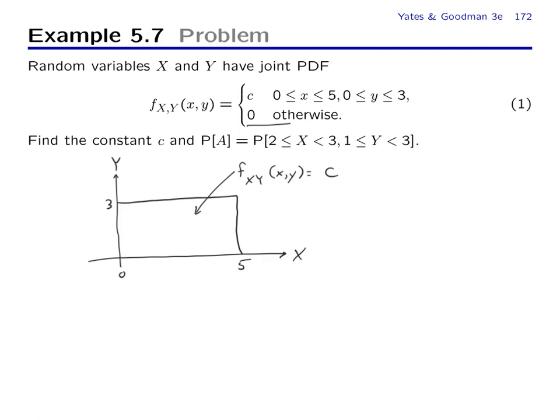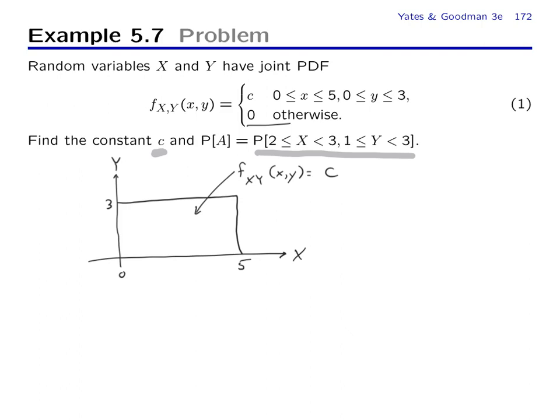So the example problem asks us to find this constant c, and also then to find the probability of an event A that x is between 2 and 3, and y is between 1 and 3. There are a lot of homework problems where the joint PDF has a constant c and you're asked to find it.